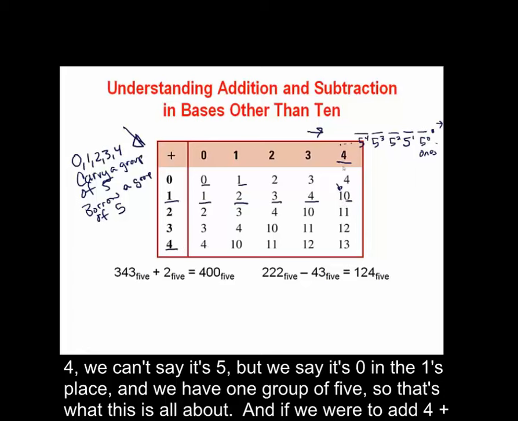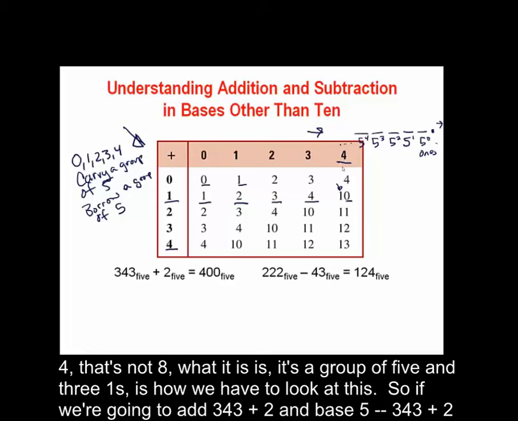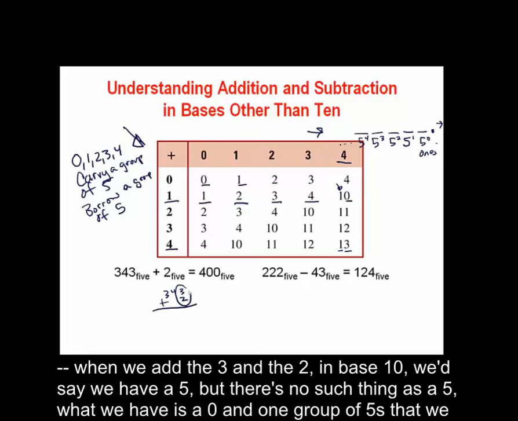And if we were to add 4 plus 4, that's not 8. What it is, it's a group of 5 and 3 1s, is how we have to look at this. So if we're going to add 343 plus 2 in base 5, when we add the 3 and the 2, in base 10 we'd say we have a 5, but there's no such thing as a 5.